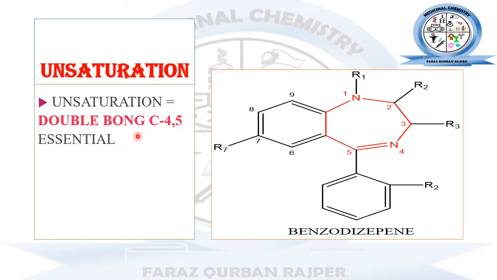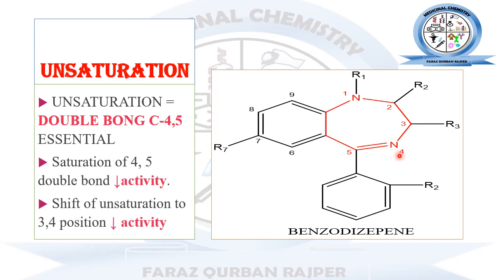Unsaturation. Unsaturation, or the presence of a double bond, is also essential for the biological activity of benzodiazepine. The position of unsaturation in the chemical structure of benzodiazepine is at carbon number 4 and 5, at this position.